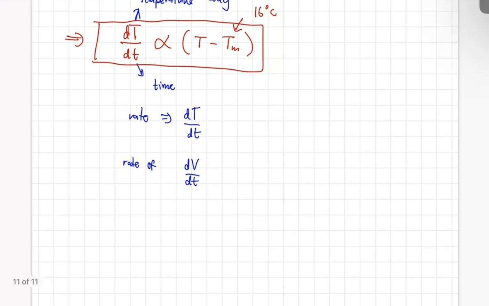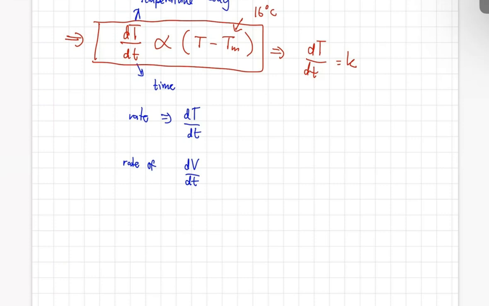In order to convert this into an equation, we need to find what is the equilibrium for this equation. To convert the proportionality, you write it as equal and add the constant of proportionality.